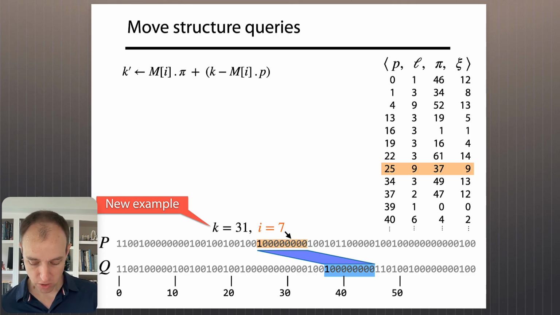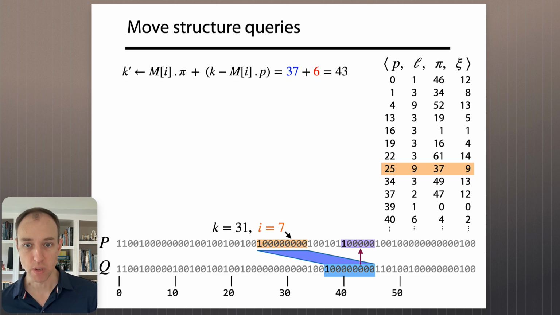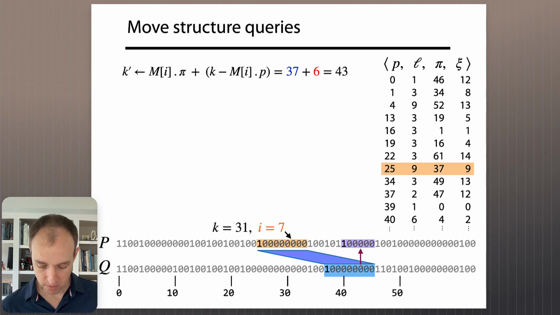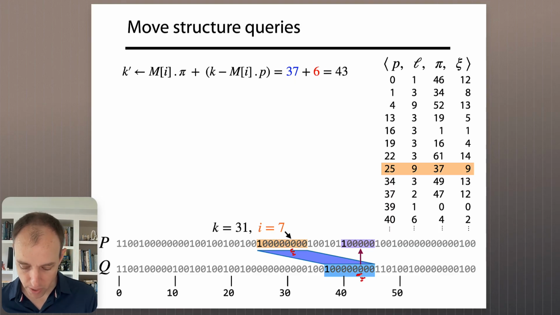So we're at position 31, the run head is at position 25, so I guess we're 6 in from the run head. And pi is 37, so I guess we're going to do 37 plus 6 equals 43. So this position that we're at is going to map here to this position, 43.